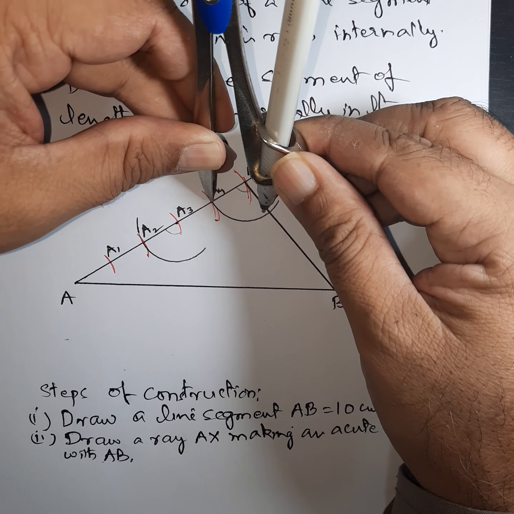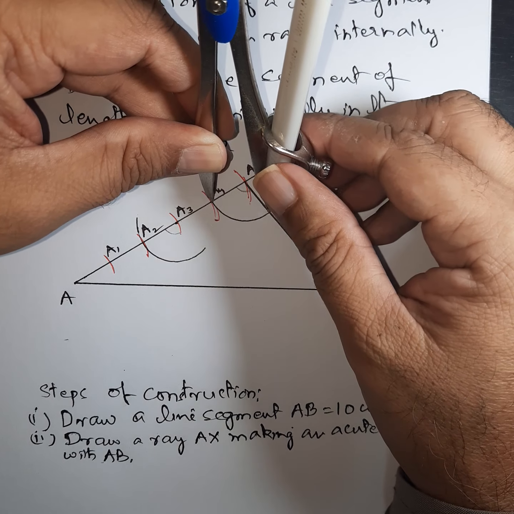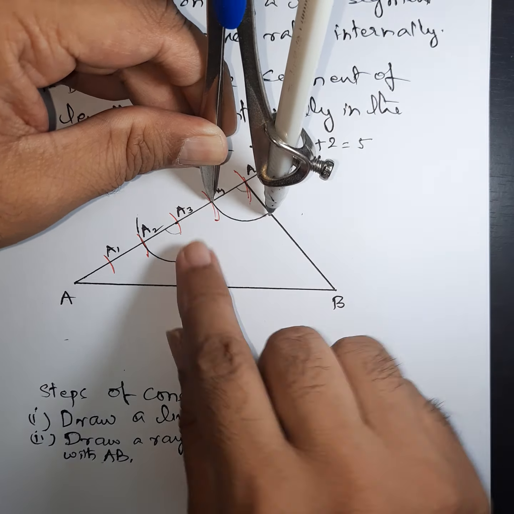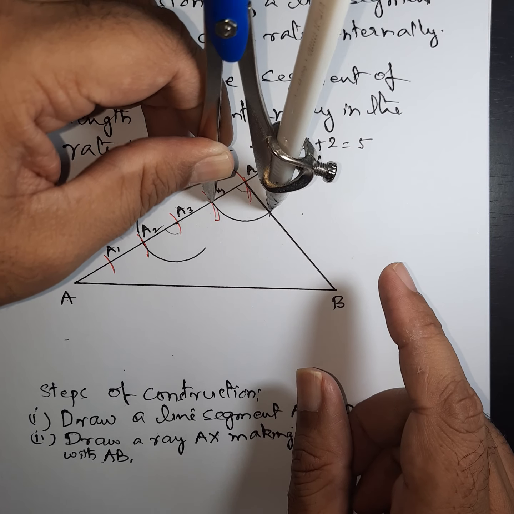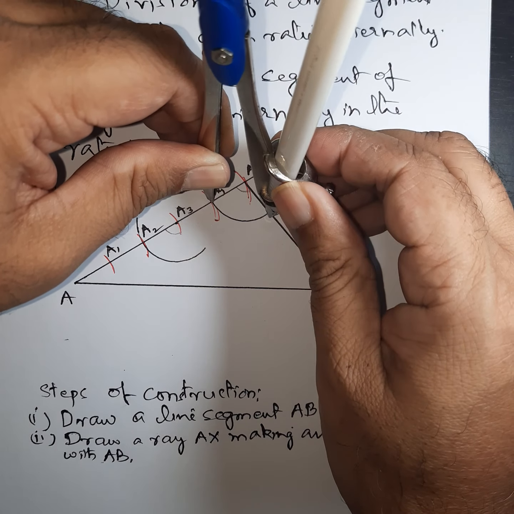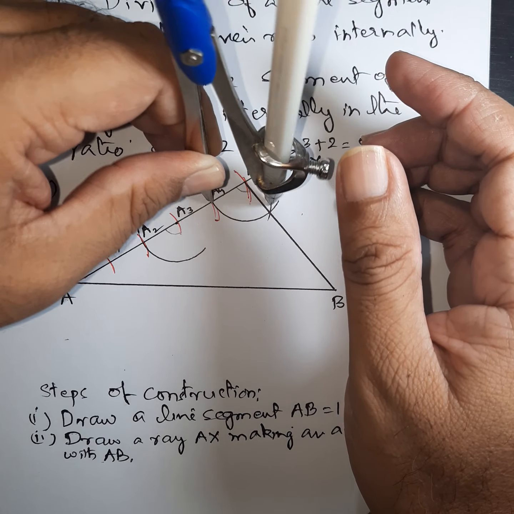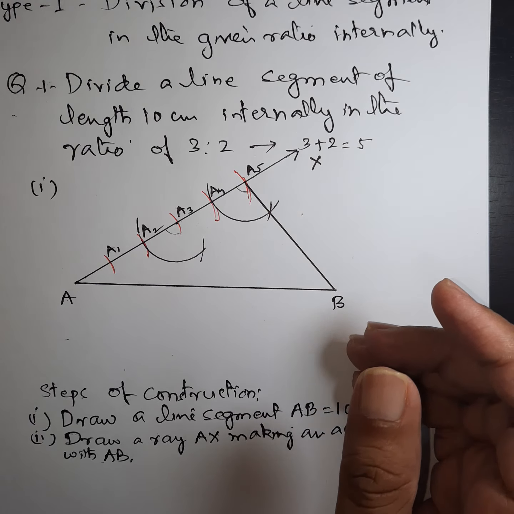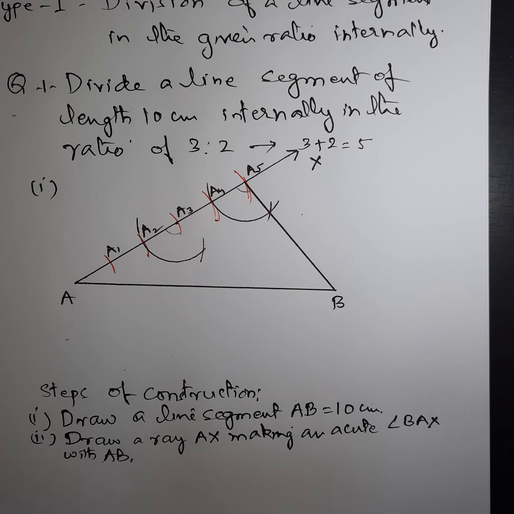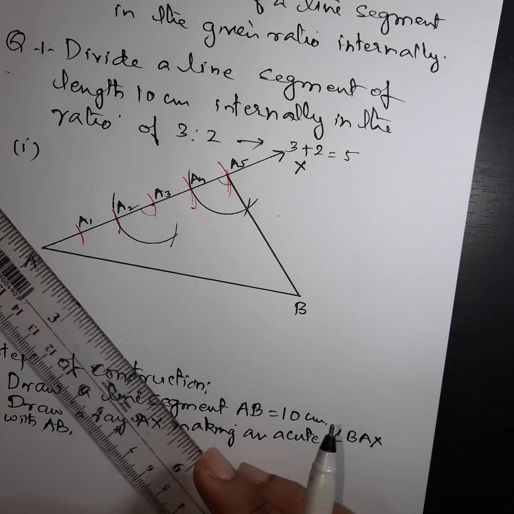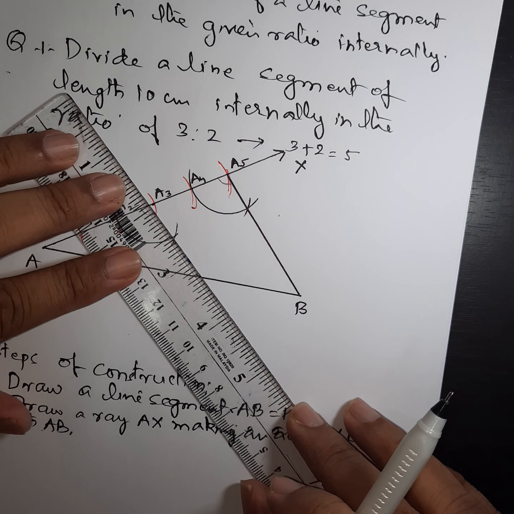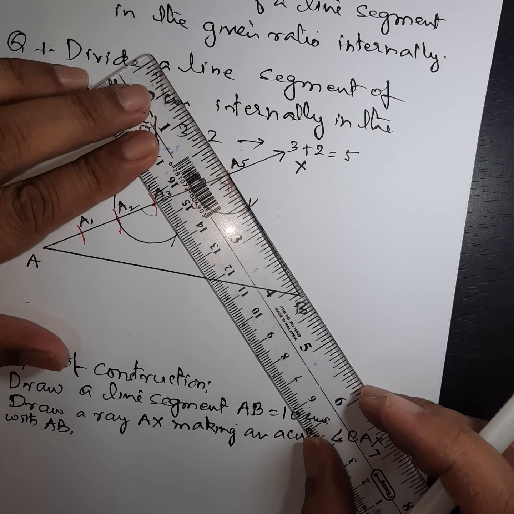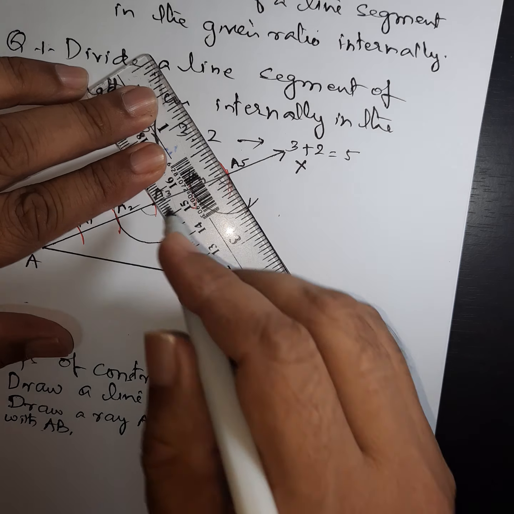Put the tip of the pen on the other point, with the center of the arc at A4, and check how much angle it is making. It should be exactly the correct angle, and the same angle you will draw here. Now you can join A3 to this arc to get the line parallel to A5B, and before drawing you can check it should be parallel. Yes, it is parallel.